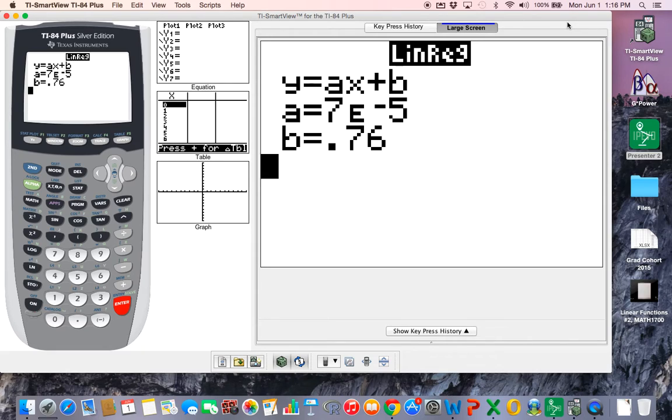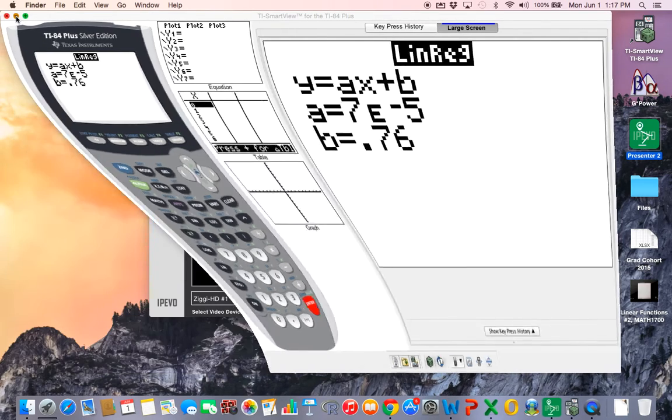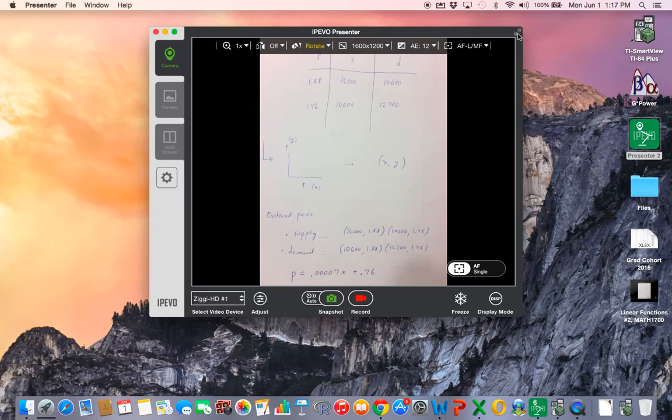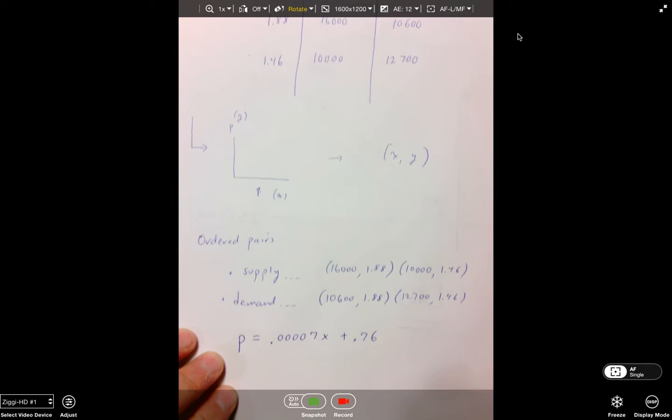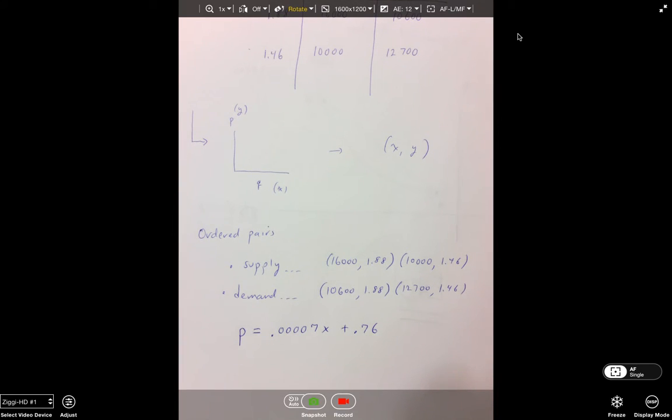So our supply is going to be the function that I just wrote at the bottom of the page.